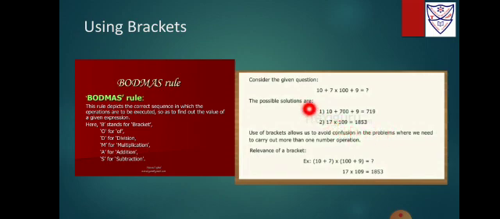But if we write these values in brackets, that is (10 plus 7) multiply (100 plus 9), according to the BODMAS rule, we have to solve the bracket first. So 10 plus 7 is 17, multiply 109, and the answer we are getting is 1853. So using brackets means we will follow the BODMAS rule.